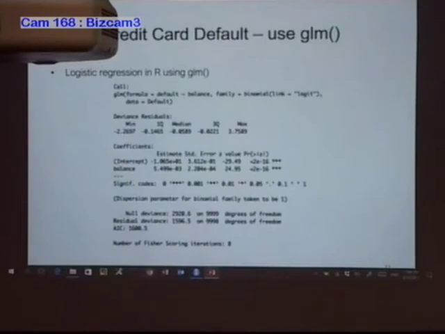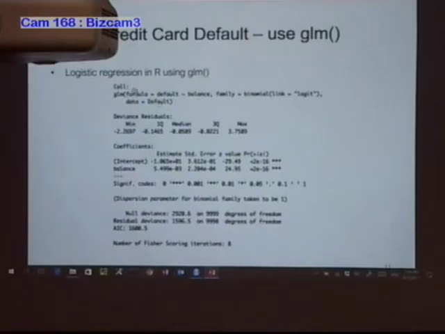Next, let's see how we do that in R. I've mentioned this: from now on, all these different models use the same type of language, the same sort of format. Last time we did LM, which stands for linear model. This is GLM, generalized linear models.